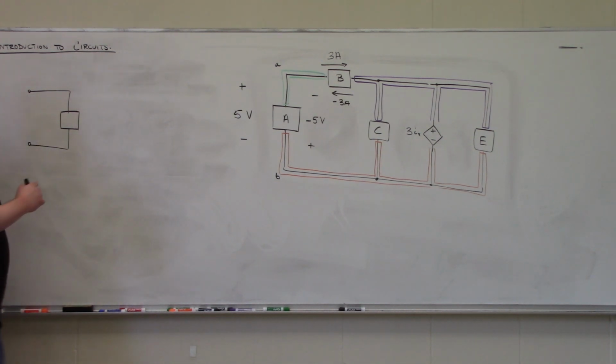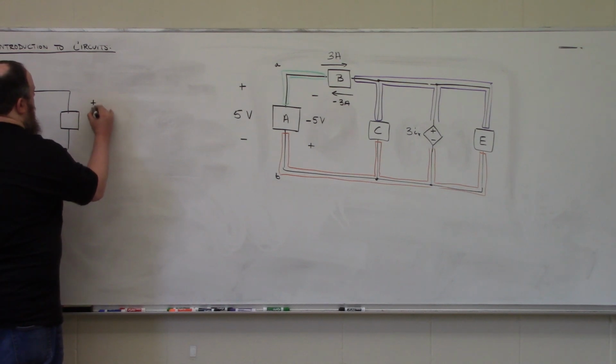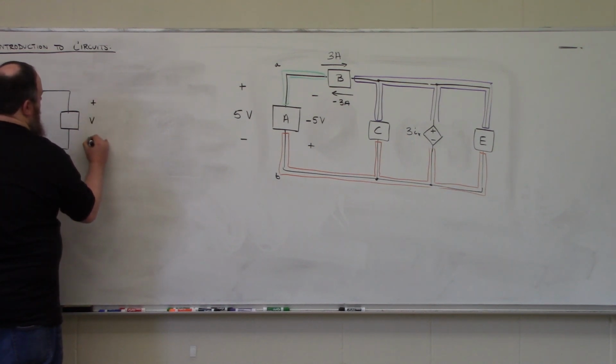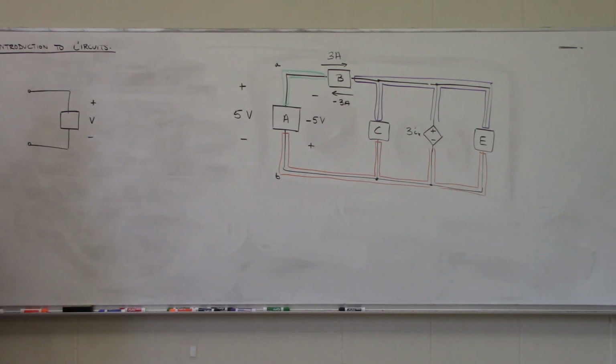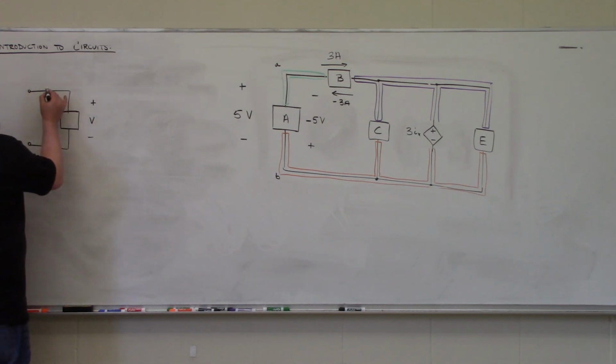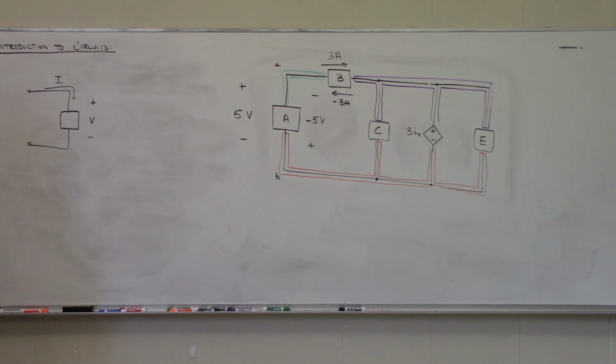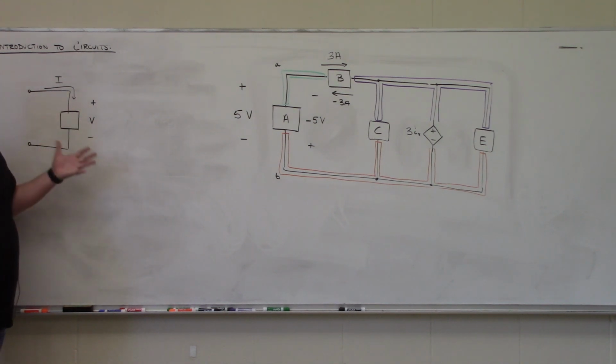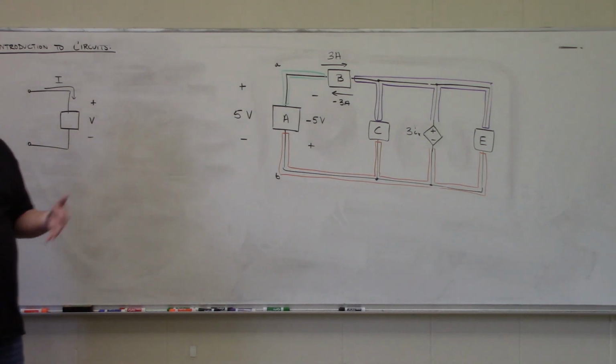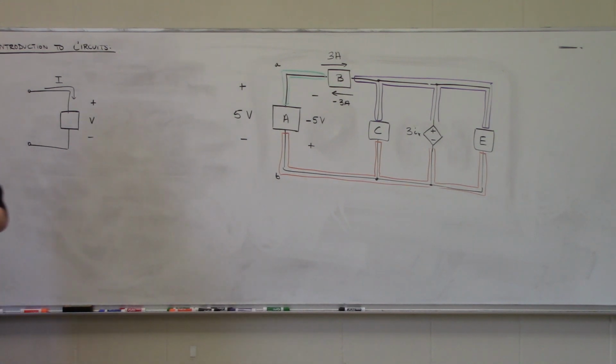I'm going to define a voltage drop over this element, V, and I'm going to define a current flowing through the element, like so, I. Power is simply the product of V times I. Okay, that's nothing particularly difficult, and it's the exact same relationship that you used in your Engineering 120 courses.